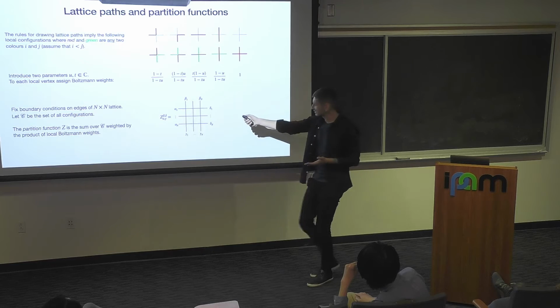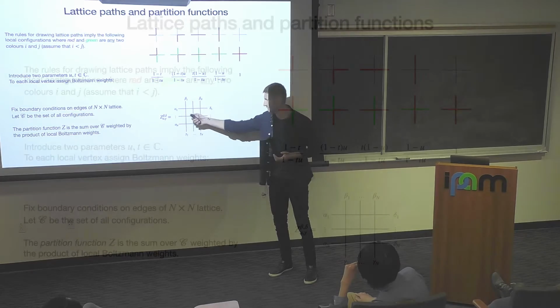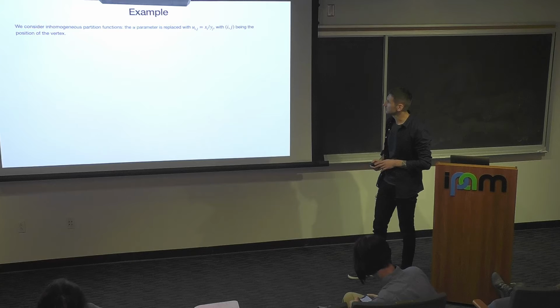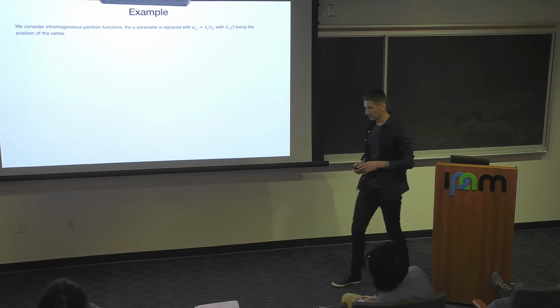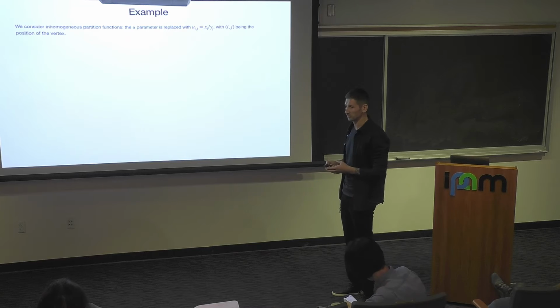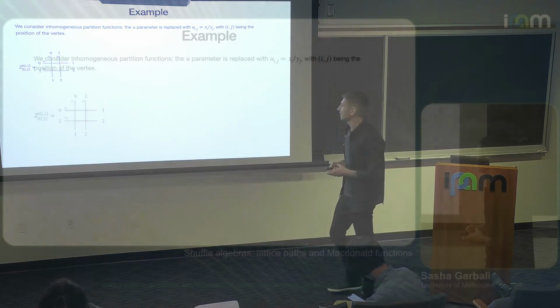So now we're interested in this kind of partition functions. So this is equal to a sum over all weighted configurations with these particular boundary conditions. So these are products of all these Boltzmann weights corresponding to a particular configuration that I gave examples of previously. And moreover, we would like to generalize this, of course, to use different spectral parameters for different lines.